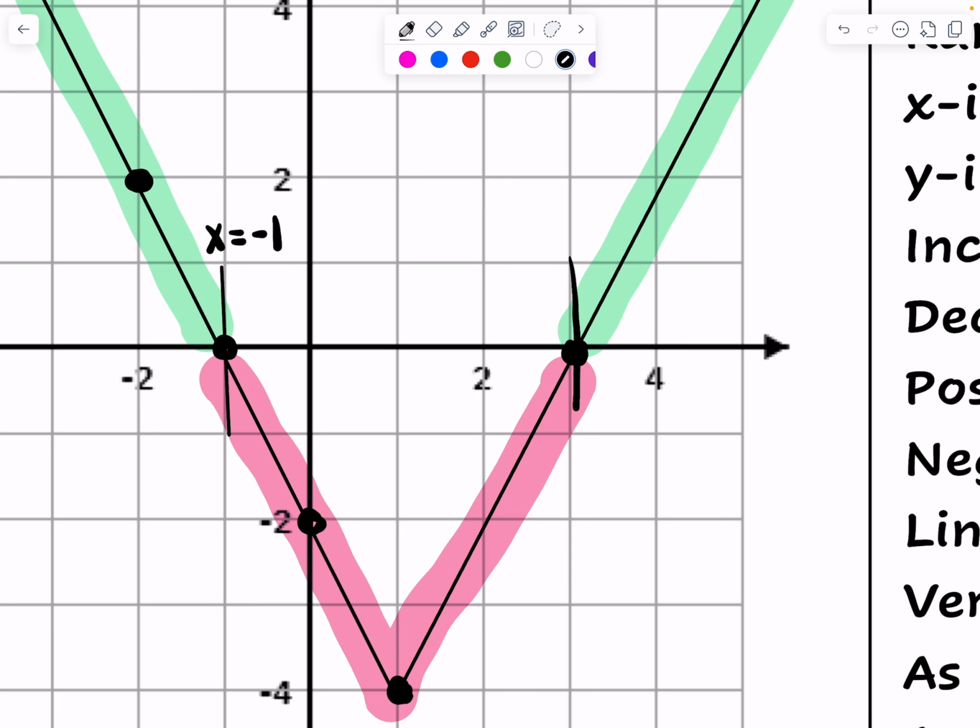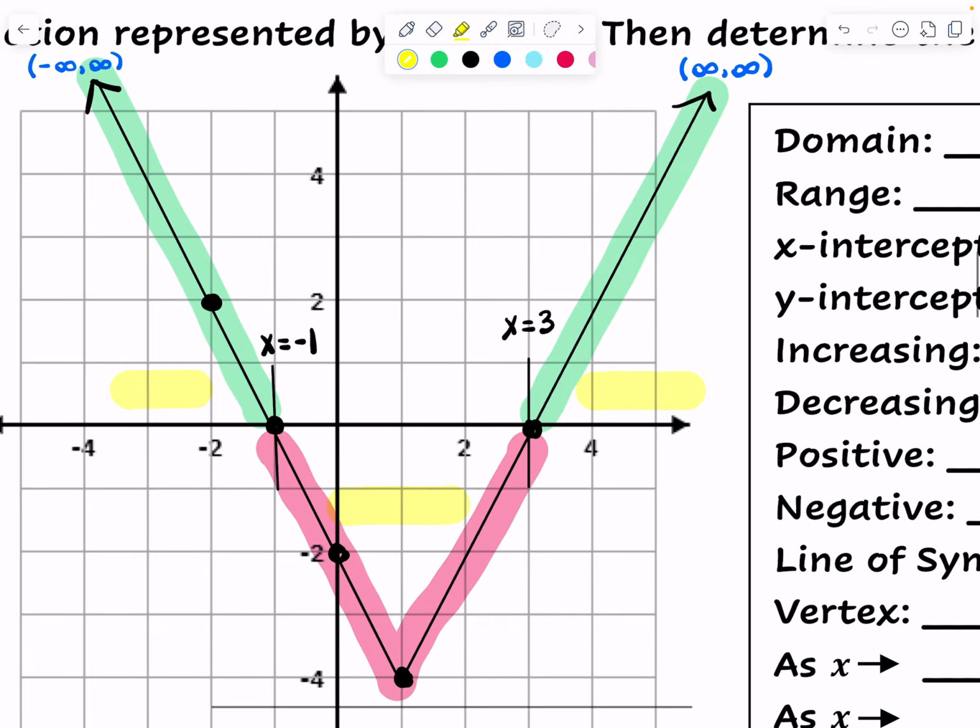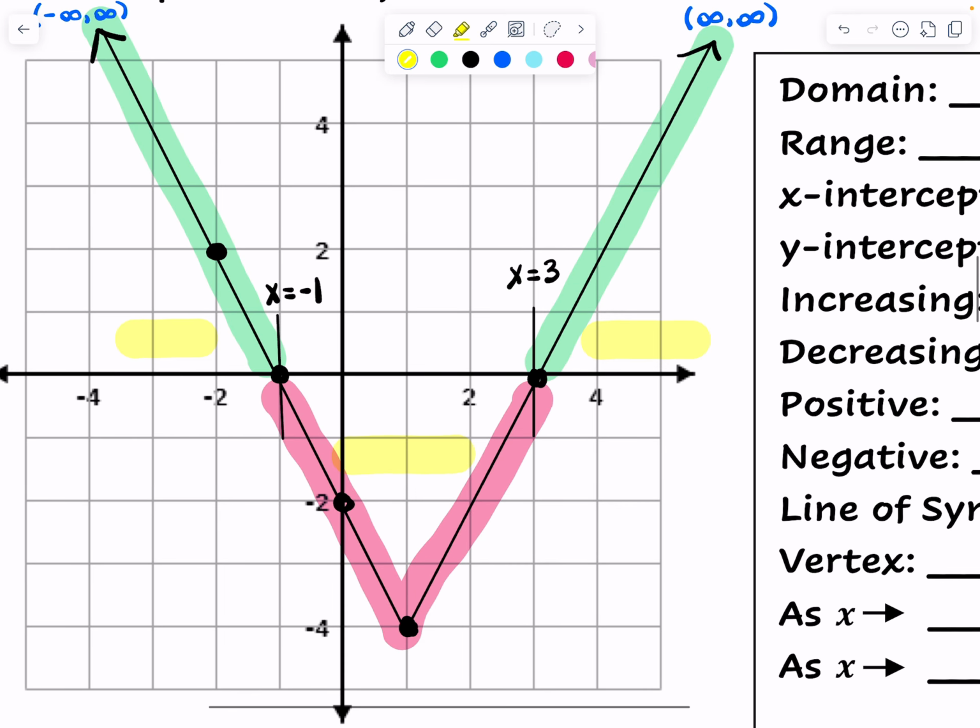Here, the x value equals 3. I want you to see if you can tell me what happens here, what happens here, and what happens here. Okay, those are the pieces that are going to tell us when it's positive or when it's negative.